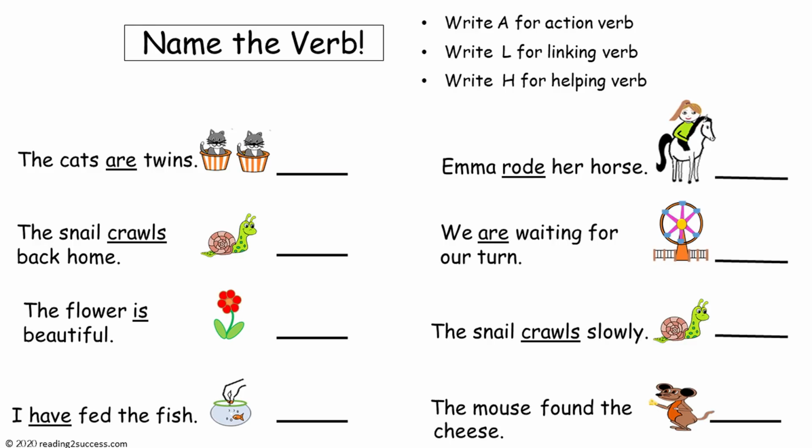Let's look at the first sentence. The cats are twins. Are is the verb underlined, and it is a linking verb because it links cats to twins. So kids would put an L in that space or on that line.